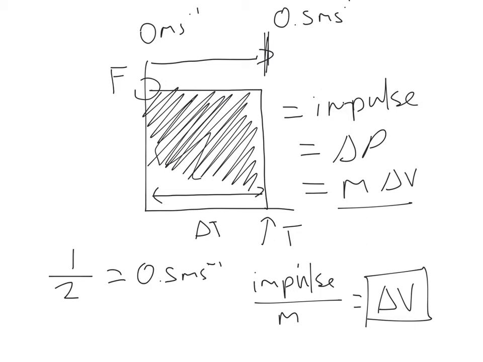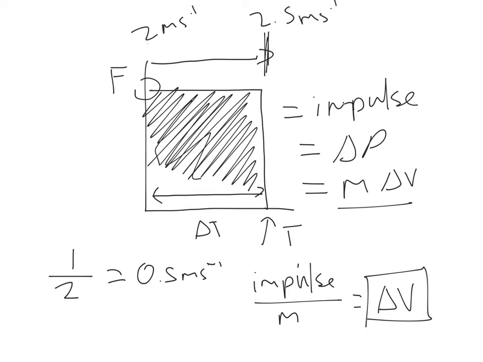What happens though if we change this up slightly and we suggest that it already had a starting velocity? Say it was starting at 2 meters per second. Then over the course of this force acting, we've got a change in velocity of 0.5, so the final velocity will be 2.5.